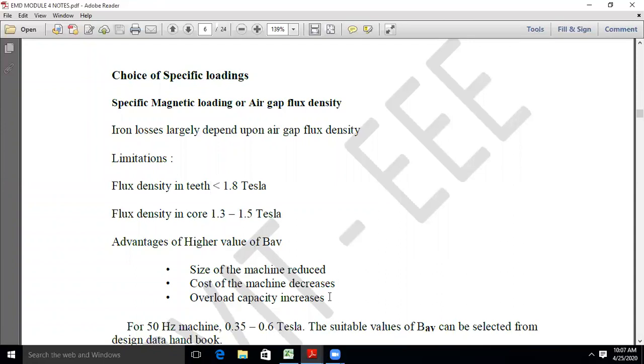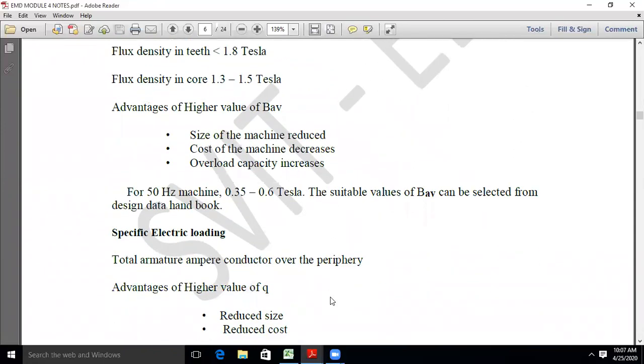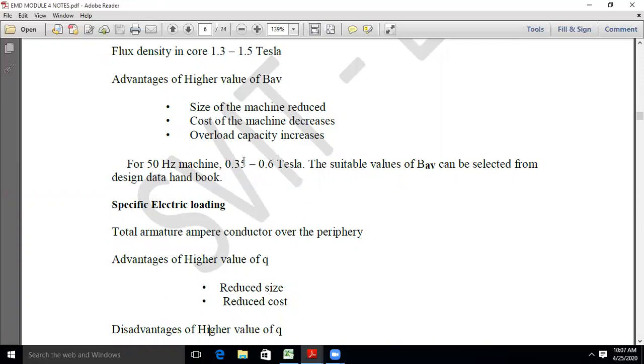For a 50 hertz machine, B average is 0.35 to 0.6 Tesla, and a suitable value of B average can be selected from the design data handbook. So this is the specific magnetic loading.